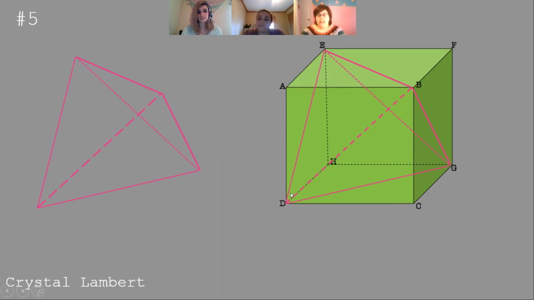And D to B is not lying flush with the edges. So what you can see in this diagram is that none of the edges, or those lines, of the tetrahedron meet up with the edges of the cube.